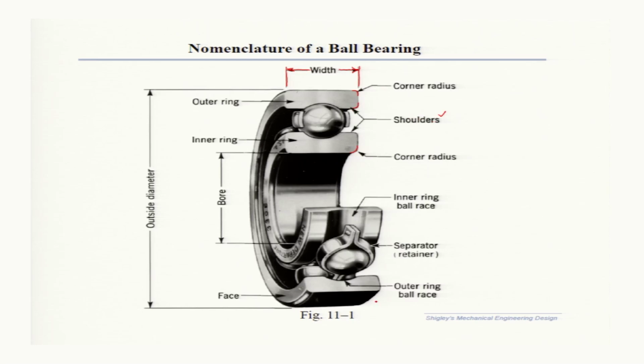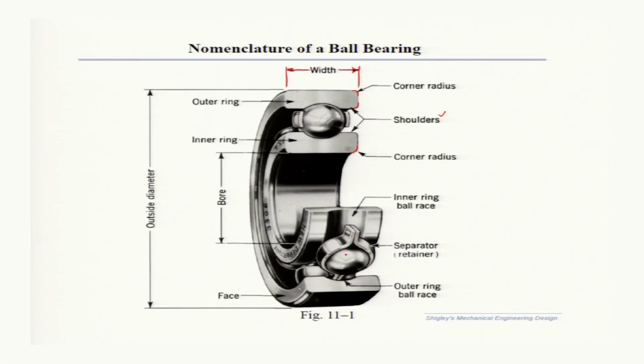Then the ball, to separate the ball, we will have separator or retainer, or you may say case also. The ball is inside a case or separator. You see, this is the separator shown here, like that, and the separator is shown here.